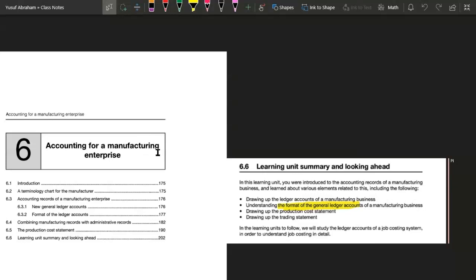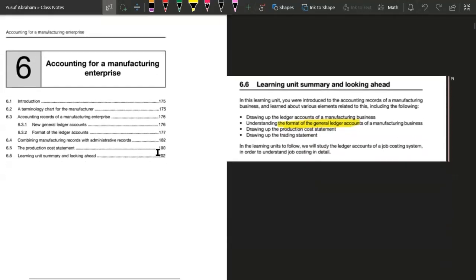right? So we're going to look at terminology charts for the manufacturer. We're going to touch on accounting records of a manufacturing enterprise. There's just a little bit of difference between a manufacturing enterprise and a retailer or wholesaler.